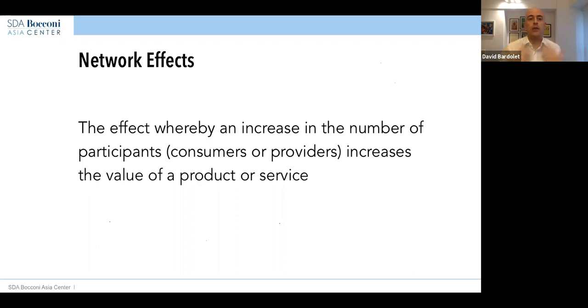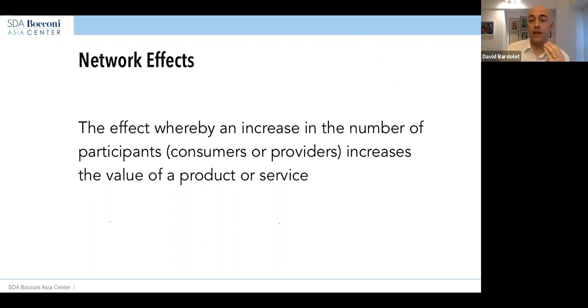Right? I don't want to be on Facebook if there's only 2 other people on Facebook. But I am attracted to Facebook if I see that that's a network that connects millions of people. Because I'll find stuff. Clear, right? This is a network effect.